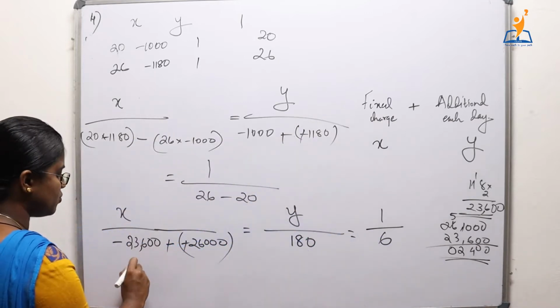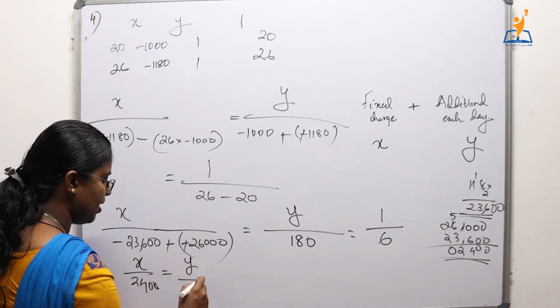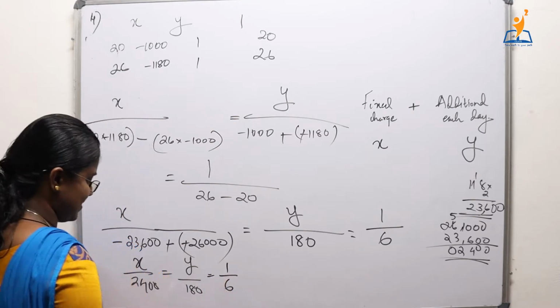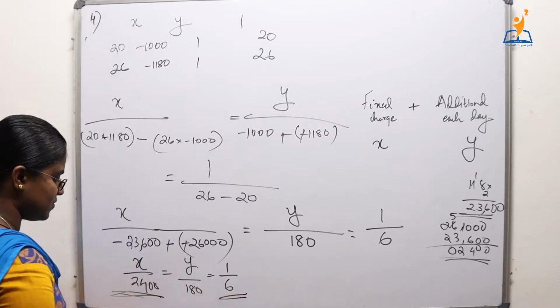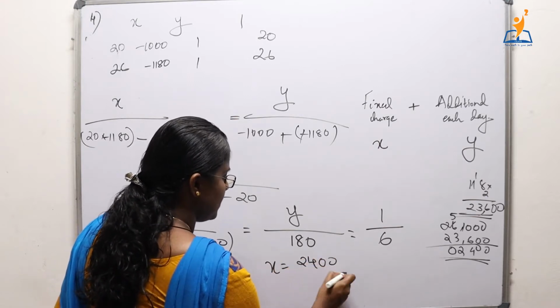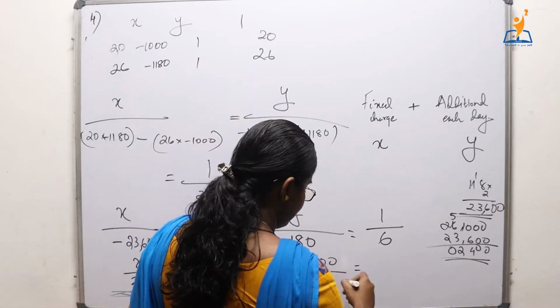So X by 2,400 is equal to Y by 180 is equal to 1 by 6. So equating this one and this one, we will get X is equal to 2,400 divided by 6, and 24 by 6 is simply 4.